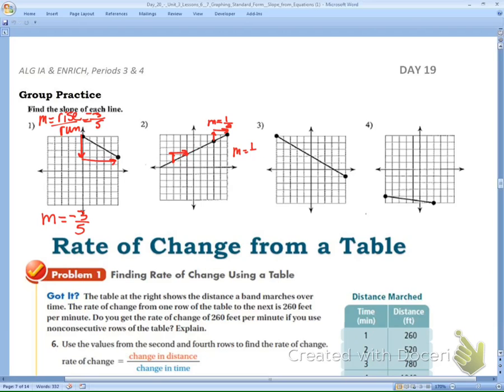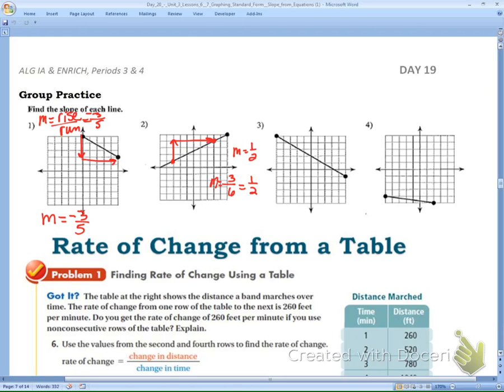Maybe, let's see, if you didn't have your points, maybe you chose a point that was, say, here and one that was clear up here. That's fine. You should still get the same slope, because when you reduce, you'll find out that it is the same. So again, our rise in this case is 1, 2, 3. And our run would be 1, 2, 3, 4, 5, 6. 3 over 6, which reduces still to 1/2. And that's what slope is, a constant rate of change.